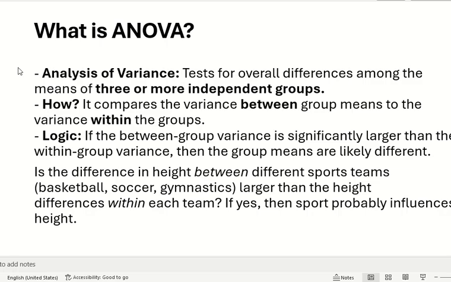If group variance is significantly larger than the within group variance, then the group means are likely different. So it's saying that if the variance is different, then the mean will automatically be different. It's inherent.